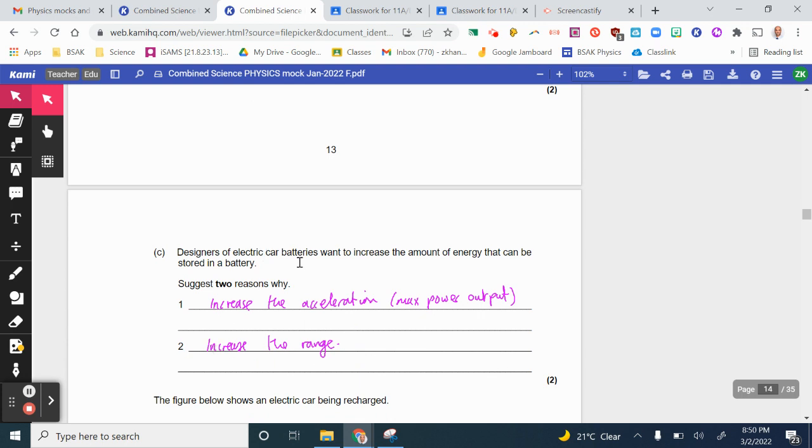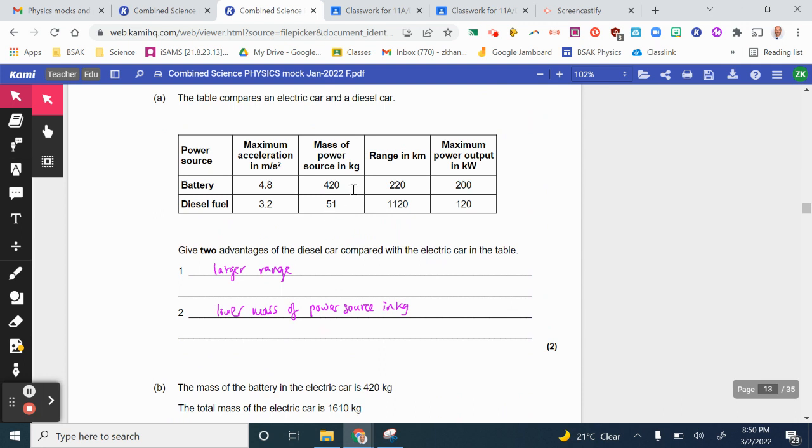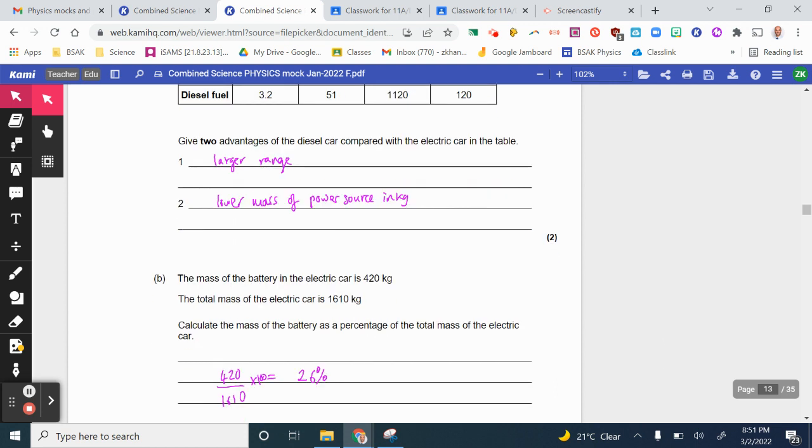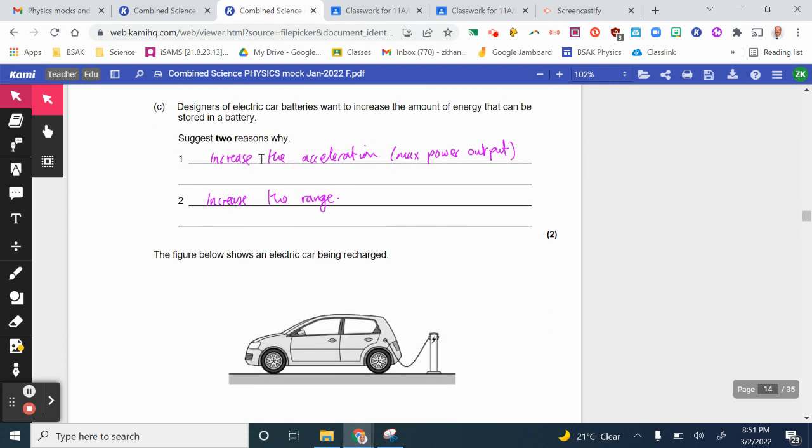Also, if it has more energy, it could also have more power, a larger output power. So we can have a larger maximum acceleration or larger output power compared to before.